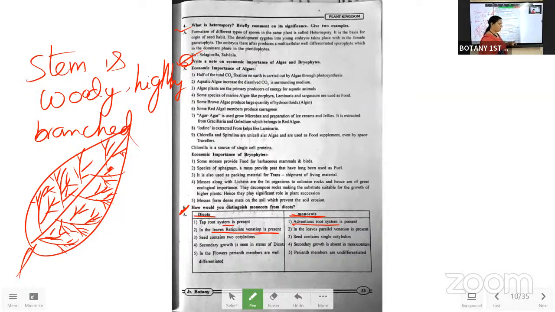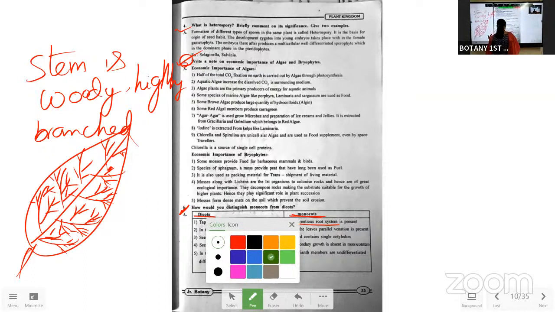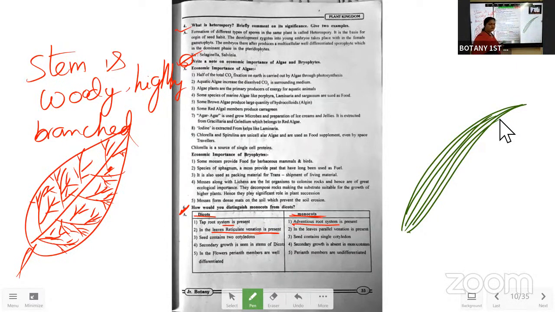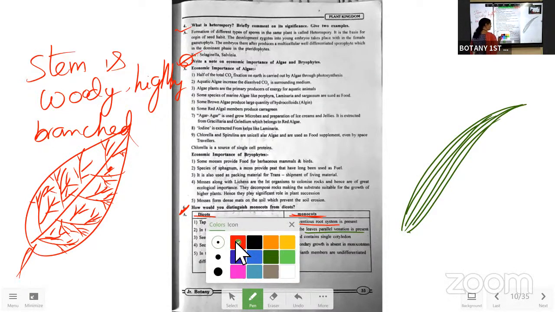If not, go with the grass. Grass is the most easily available one, which is having the parallel venation. Like this only grass leaf will be there. So the same thing we have to recollect and write over here.